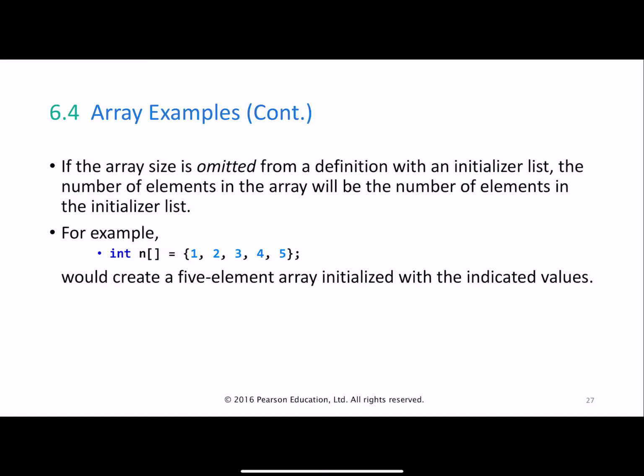Now, if you want to reduce the possibility of a mistake, you can leave the size empty in the definition of the array if you're initializing the values right there. So this, for example, will automatically create an array n of size 5 because I have 1, 2, 3, 4, 5 values over here. This is another way to initialize while not making the mistake of having a mismatch between array size and initializing values.